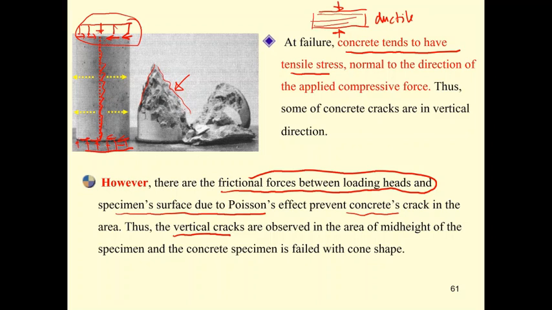It has stones and sand that may cause the cone shape to have a higher angle compared to those for cast iron. For cast iron, it's going to be here. For the concrete, it's going to be something like this.